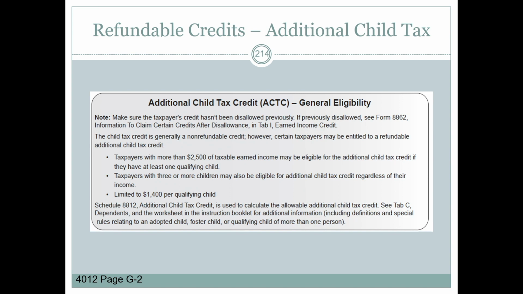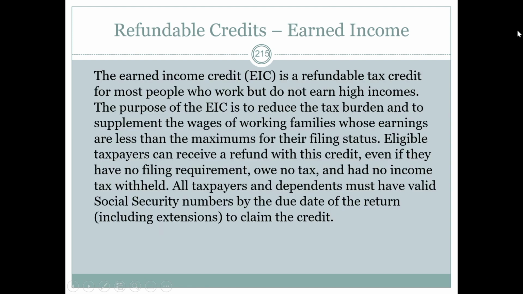And again, all of this can be found in G2 of the 4012. Now, the additional child tax credit will appear on line 28 of the 1040. And here again, TaxSlayer automatically puts that information there based on the information that you have input into TaxSlayer.